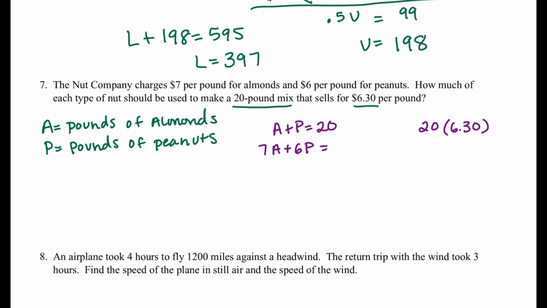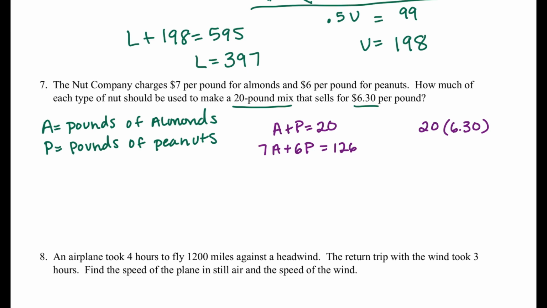If I times 20 times 6.30, I get $126 for the two different types of nuts altogether. So this is our $7 times how many almonds plus $6 times how many peanuts will be a total of $126. Now we're going to use elimination to solve.